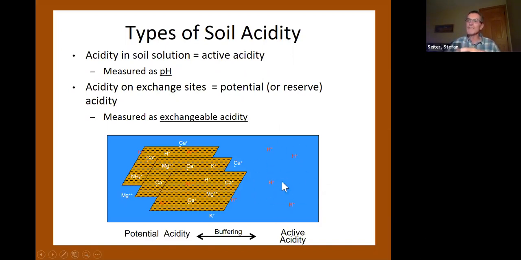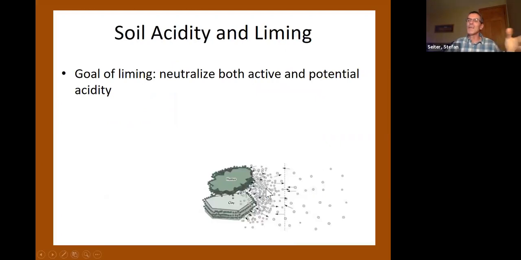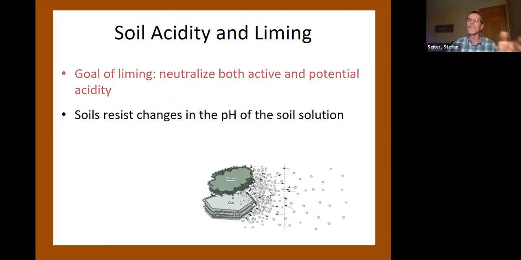And so just measuring the regular pH is good to know, but it's not enough to tell us how much we should lime, because we want to replace this acidity and this acidity over here. And so that's the goal of liming: neutralize the active acidity in the soil water or soil solution, and the one on the soil surfaces.